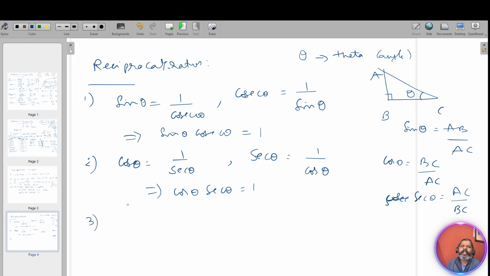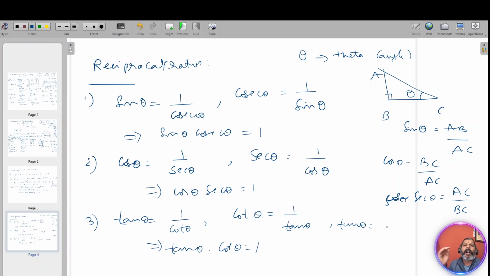We have the third reciprocal ratio, that is tan and cot. Tan theta is equal to 1 by cot theta. Similarly, cot theta is equal to 1 by tan theta. Therefore, their product for us is always 1. Check out what tan theta is from the figure.